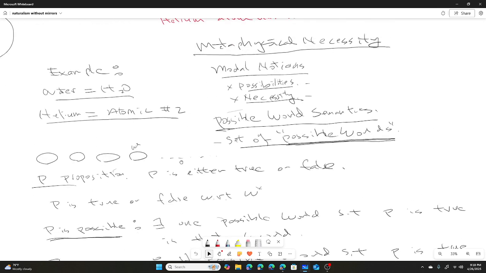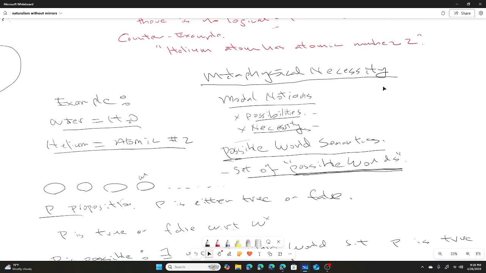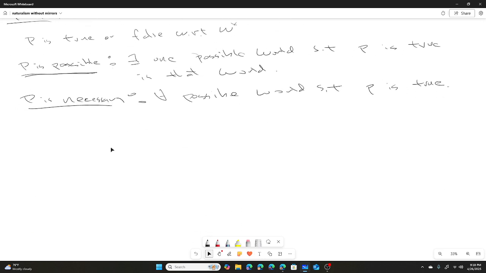So when we look at metaphysical necessity, it is a notion built on top of this notion of possibilities and necessities.